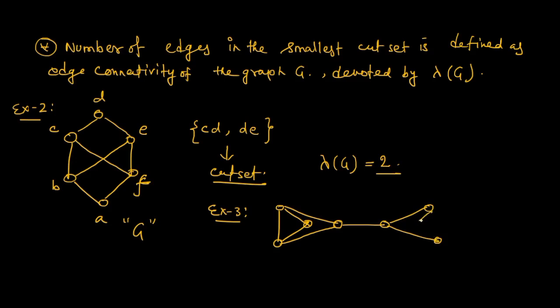Now from here to here you have this, and they are also connected. Let the vertices be A, B, C, D, E, F, G and H.